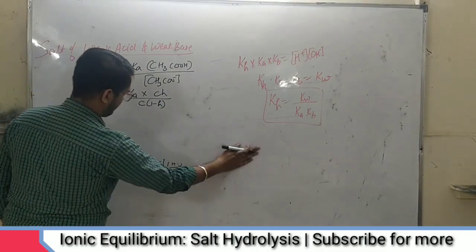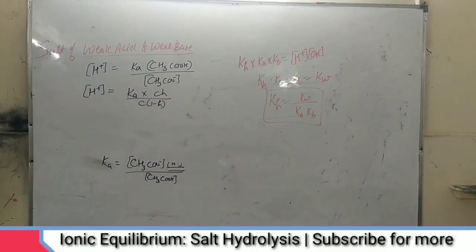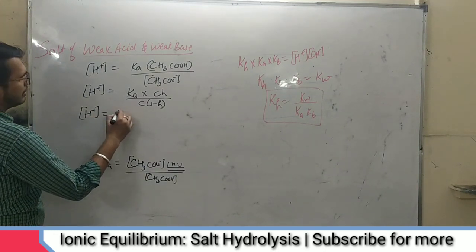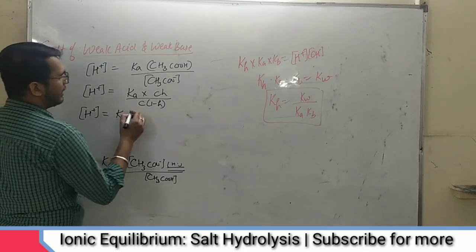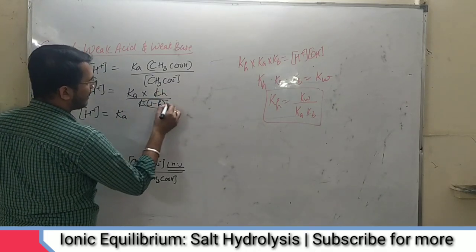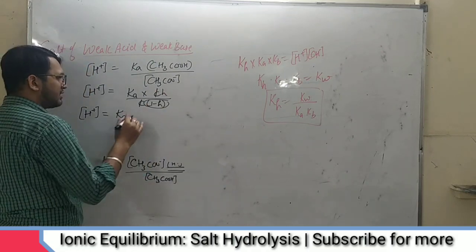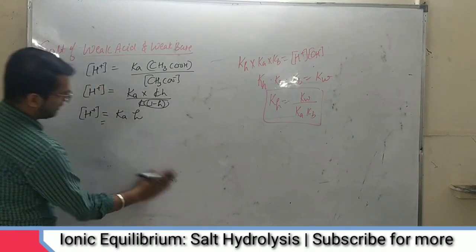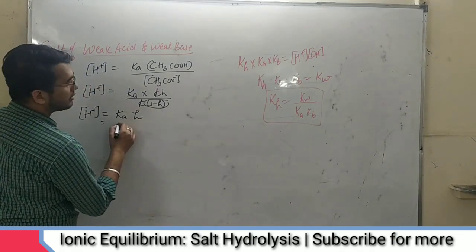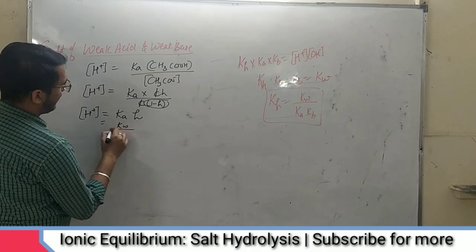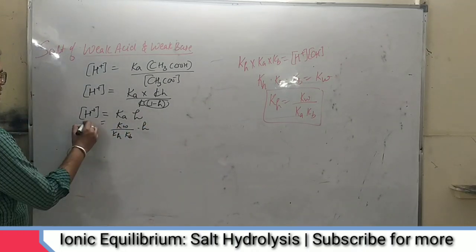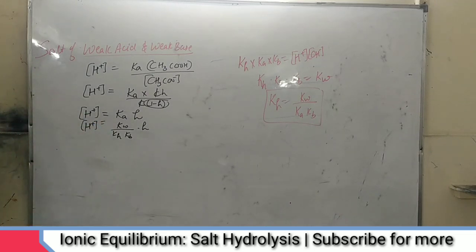So C and C cancel. Now this can be neglected as h is very, very small. And h is what? h is Kw by Kh into Kb. This is one of the relations which we have to find.